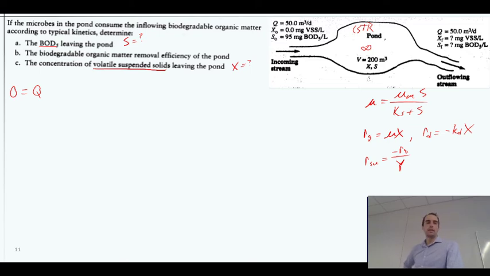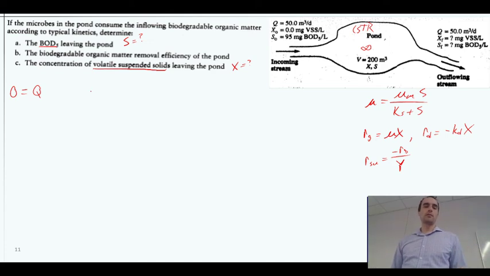It turns out that in this particular case, where we have X coming in as 0 and it's a CSTR with no recycle, because if we recycled anything, then we'd have X naught not 0, the mass balance works out in a funny way.